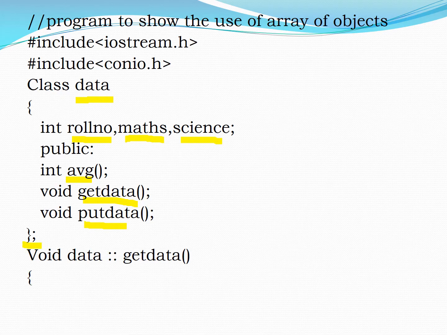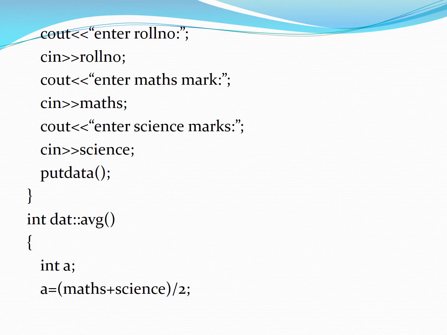Before getting to the calculation part, first we need to get all the information from the student. So I'm going to write the first member function called get data. In the get data member function, first I'm going to get the data: enter the roll number.